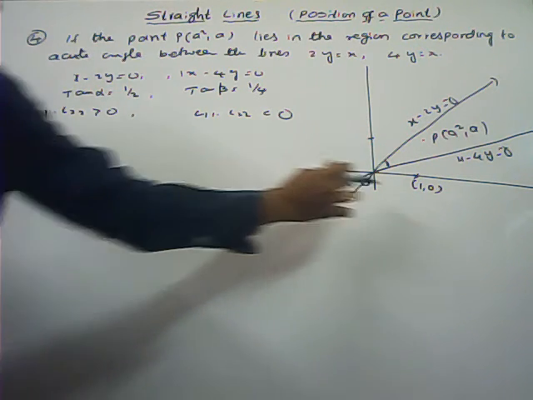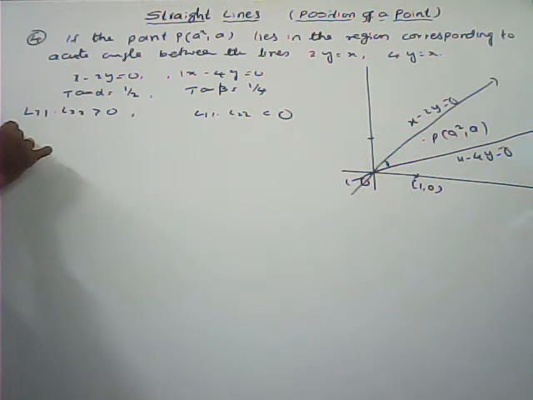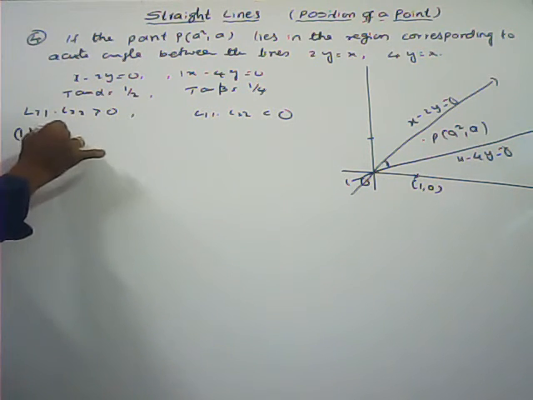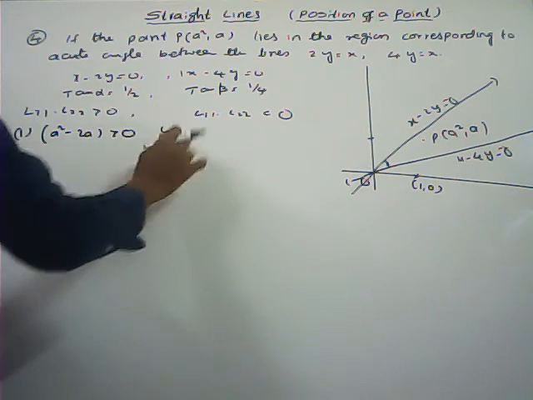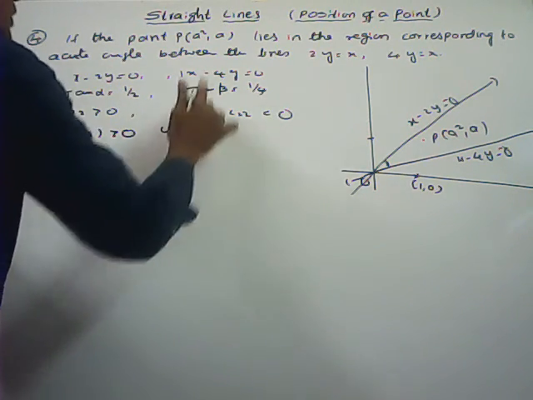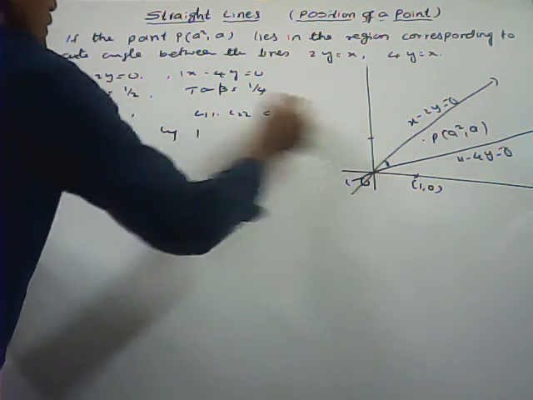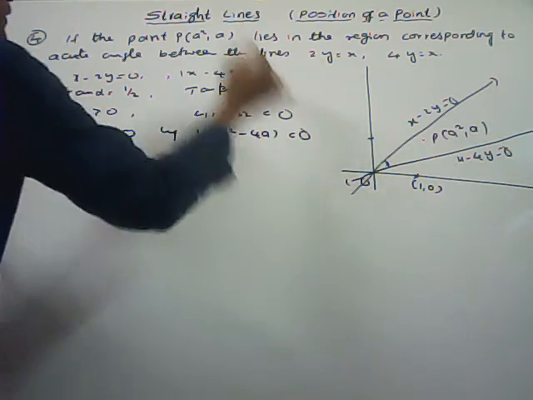If I substitute (1, 0) here, L11 is 1, and L22 is a square minus 2a, which is greater than 0. And here, (1, 0) gives 1 again, and L22 is a square minus 4a, which is less than 0.